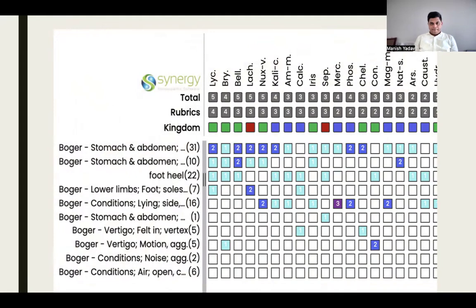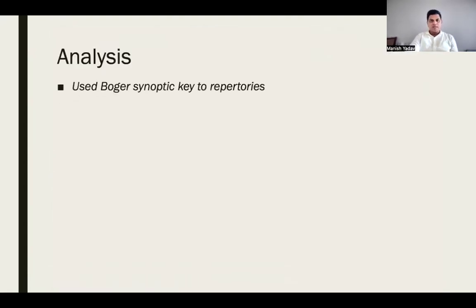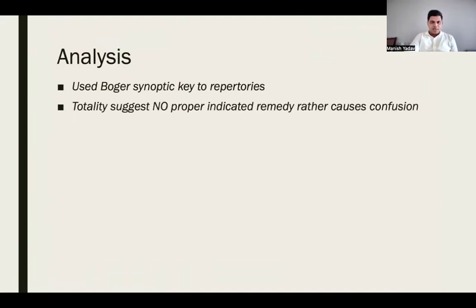Now what to do? So difficult. When I repertorized this, I said, my God, which remedy should I give? Because none of the remedies is covering the majority of symptoms together. Use Boger synoptic key to repertorize. When I use totality, it suggests no properly indicated remedy.